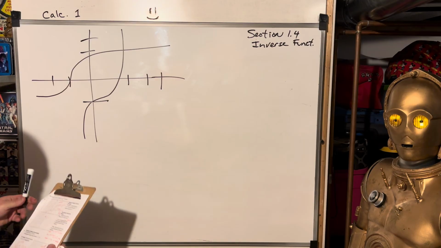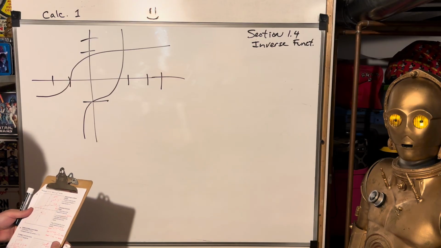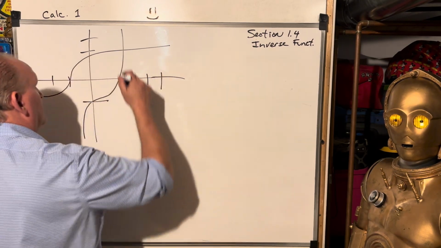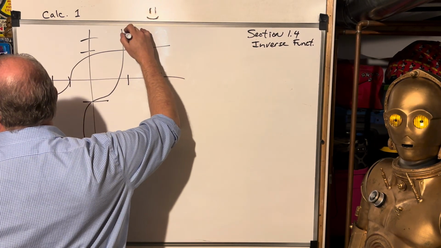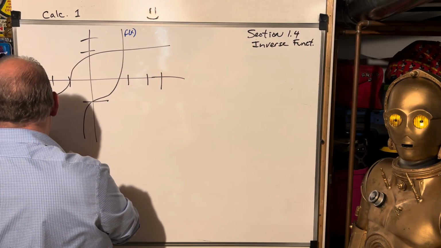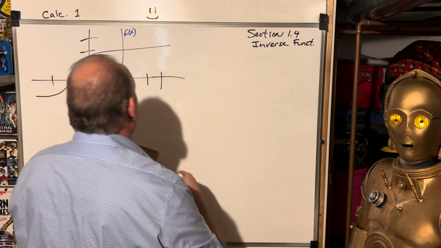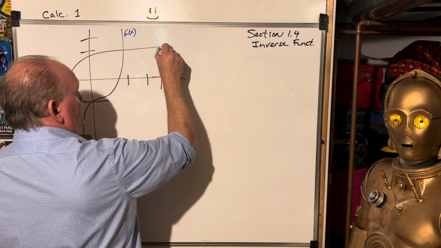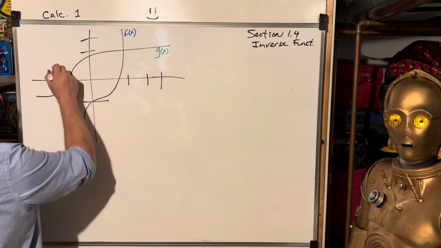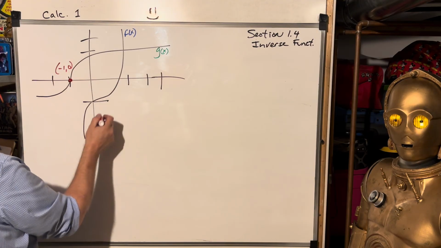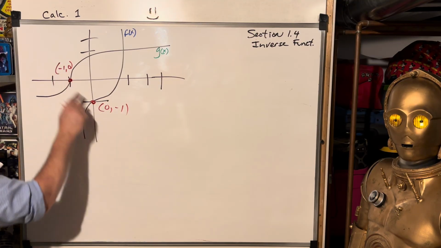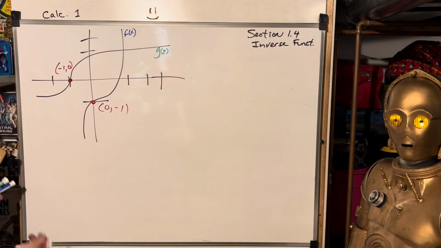But this is what I was trying to state before. We've got here, this guy is f of x. This guy is g of x. But when we look at this point, that is -1, 0. But on this one, that is 0, -1. I just switch the x and the y coordinates around.